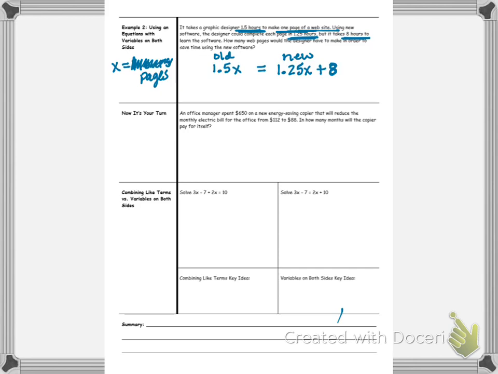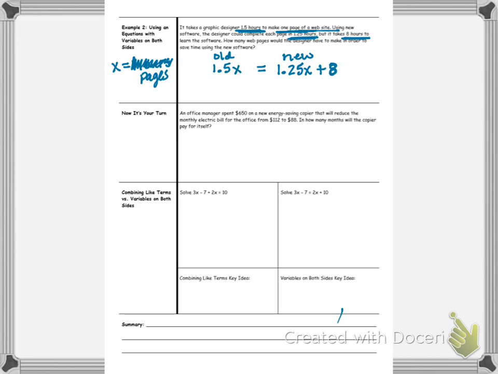Now, we have an equation. We have variables on both sides. We can solve this, but we have to decide what we have to move. When you have an equation that is set up like this, where under the old side there's no constant that you're adding or subtracting, you only have 1.5x.